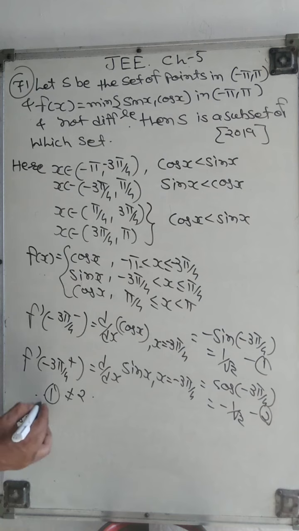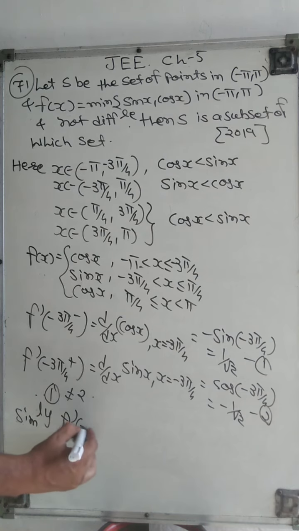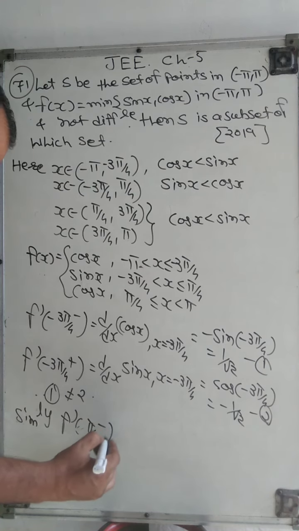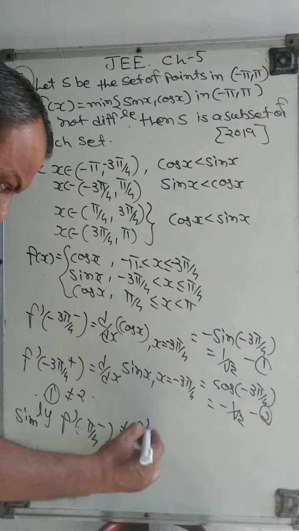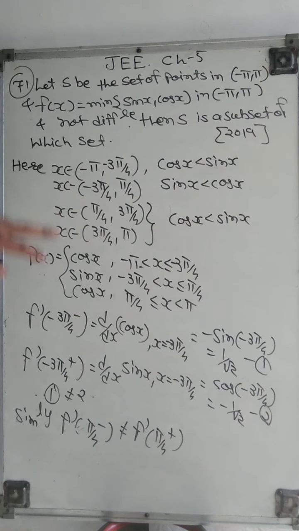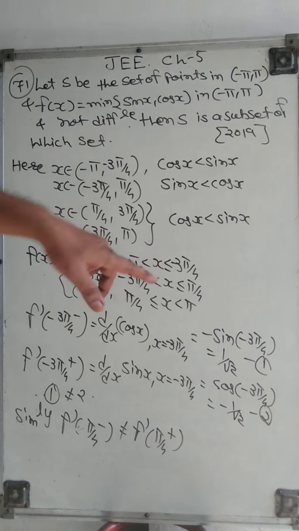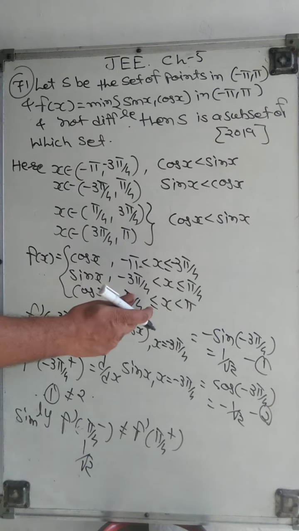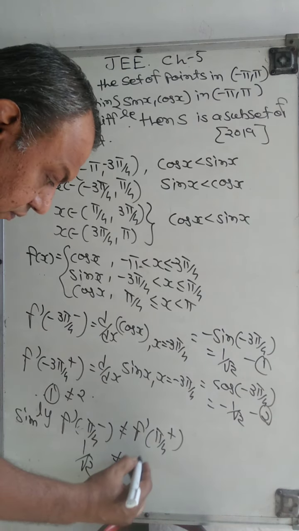Similarly, f dash pi by 4 minus is not equal to f dash pi by 4 plus, according to this given condition. Because here when we put sin x, then cos pi by 4 is 1 upon root 2, and here minus 1 upon root 2.